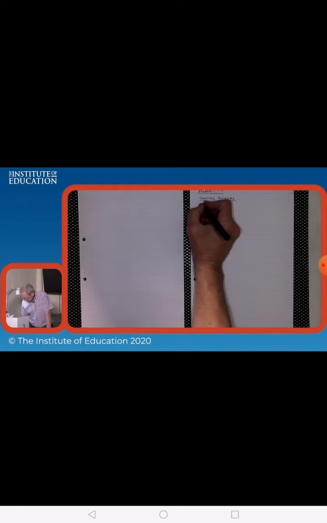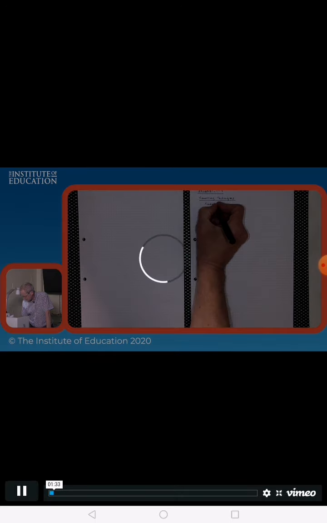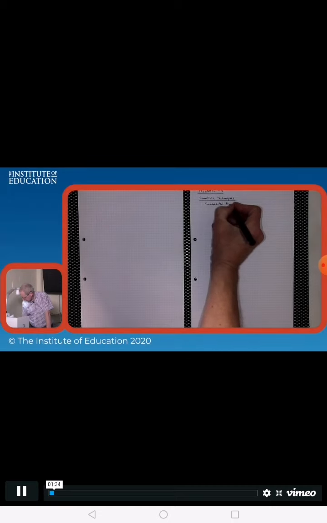Now, the first idea that we have here are the so-called fundamental principles. And there are two of these.